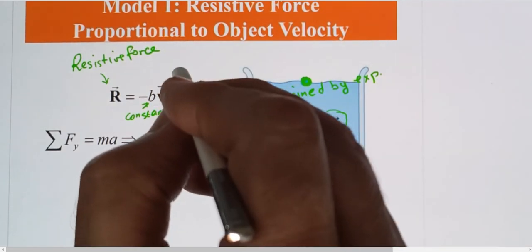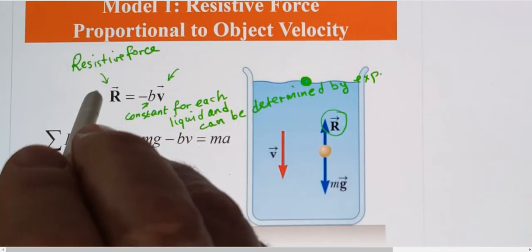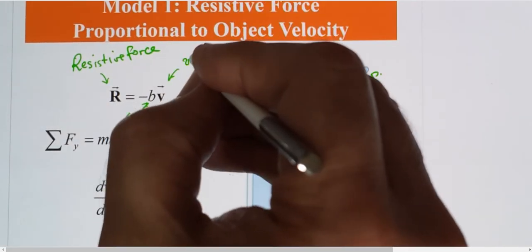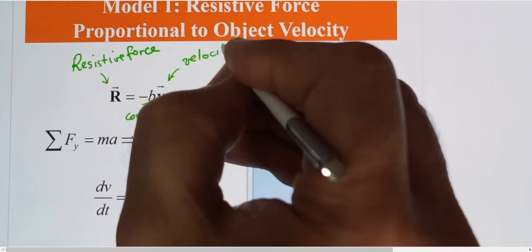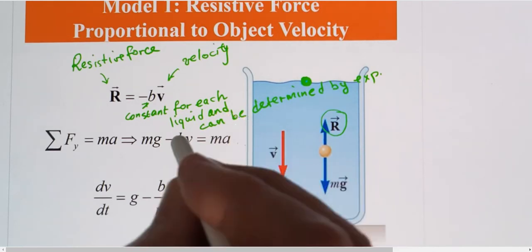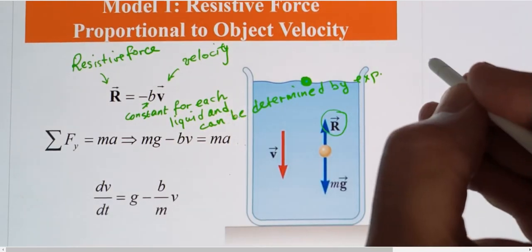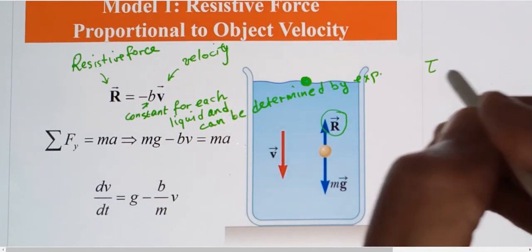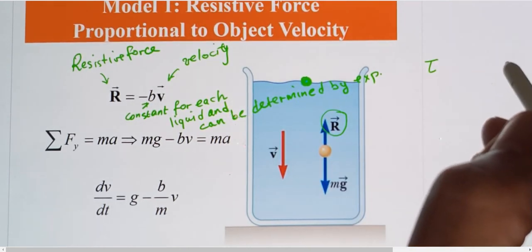So what is V? V is the velocity. And we have also tau. We will come and explain it.